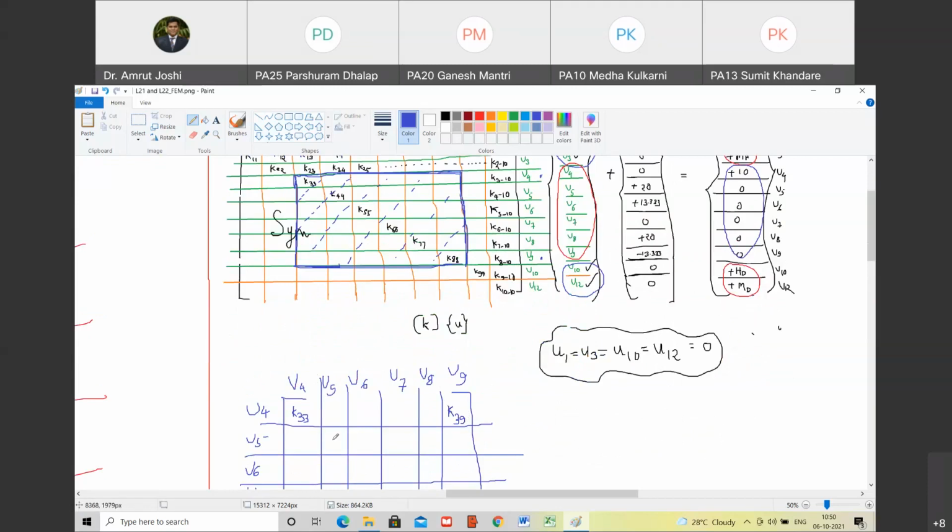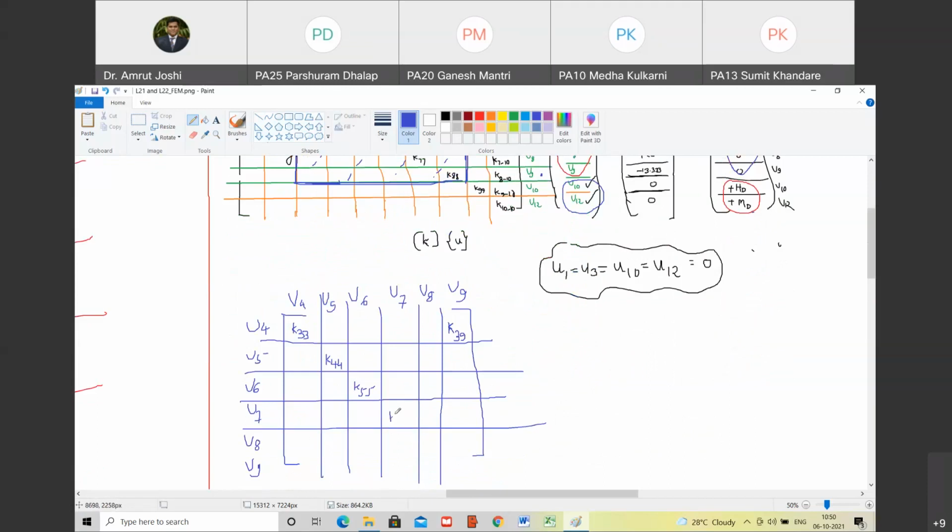Then what is the next term? You are going to have K44, K55, K66, K77. Happy?